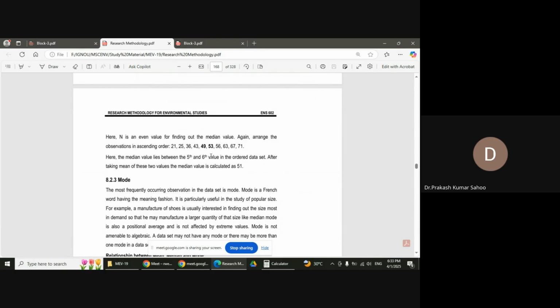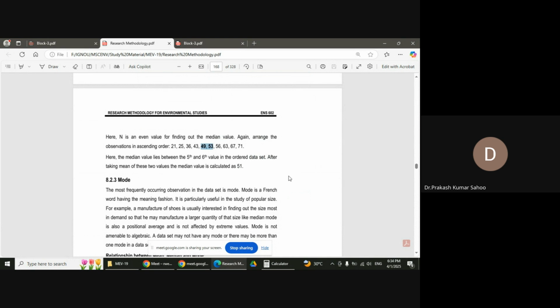If I calculate the mean of 49 and 53, the calculation will be 51. That means for an even number of data, the median will be the mean of the central two values, the fifth and sixth values. So like this you have to calculate the median for odd and even numbers of data.